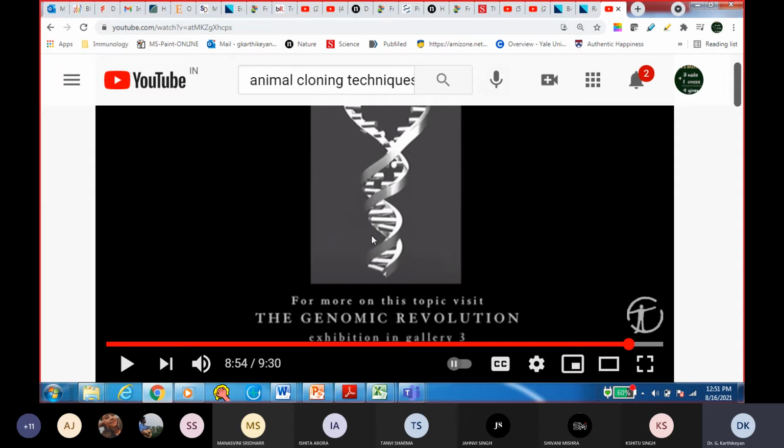You could do this not only for animals, you could do this for plants also. Species which are endangered can be cloned by tissue culture.